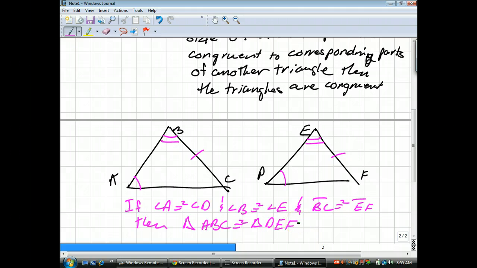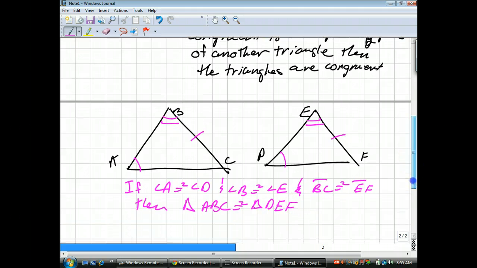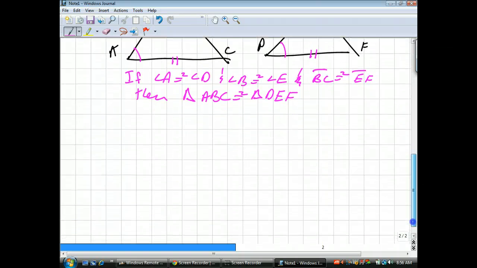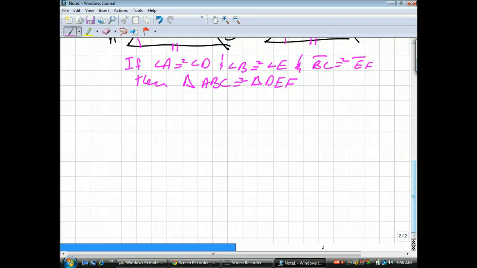Now, could I have used AC congruent to DF? Are AC and DF non-included sides? Yes. So I could have, in this case, if I knew that AC was congruent to DF, I could have used that set of sides.